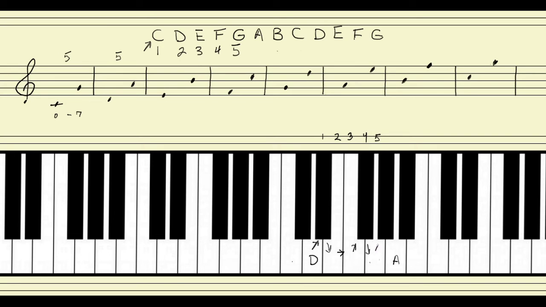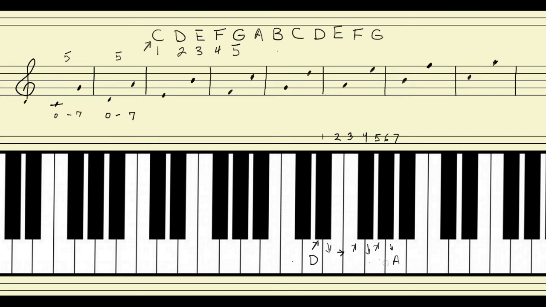G to G sharp is 6, and G sharp to A is 7. So again, we have 7 half steps. 0 to 7. D to A has 1, 2, 3, 4, 5, 6, 7 half steps.